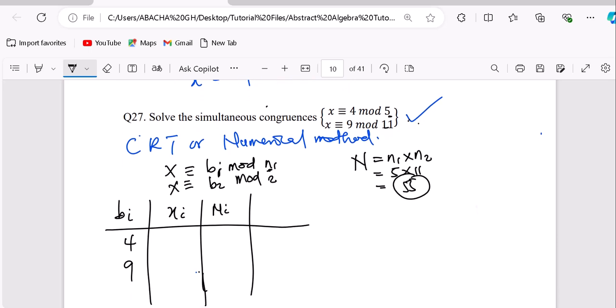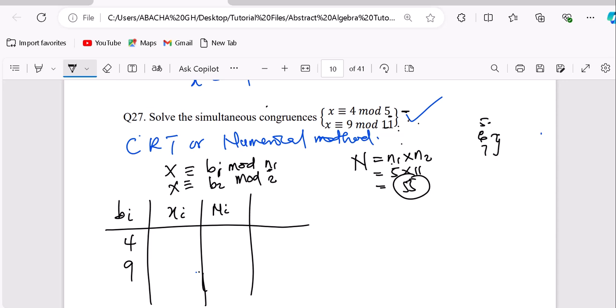Now I'm looking for n1. N1 will just be the value of multiplying the other n's, but in this case it's just one n. If there were 3 values, say 5, 6 and 7, and I'm looking for the one for 5, I'll multiply 6 and 7.